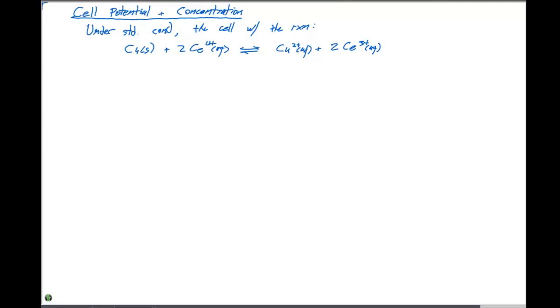So under standard conditions, this particular cell reaction has a standard cell potential equal to positive 1.36 volts. What we're going to ask ourselves now is what happens when we change the concentrations to not be equal to 1 molar, going away from standard conditions.